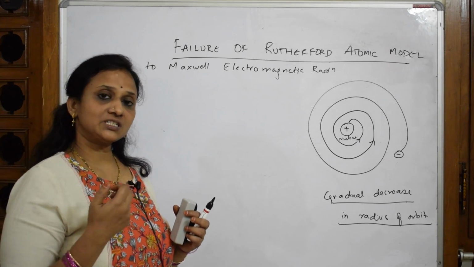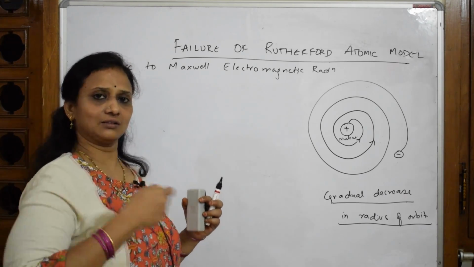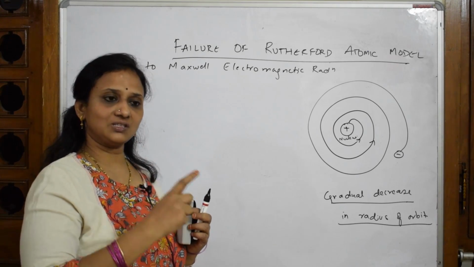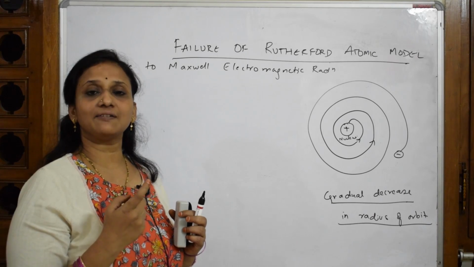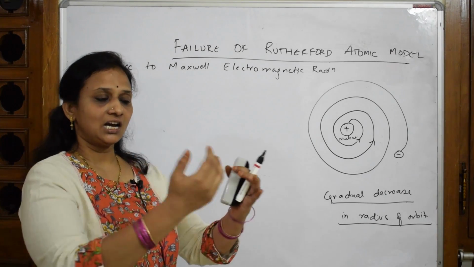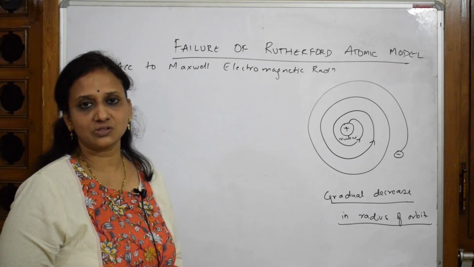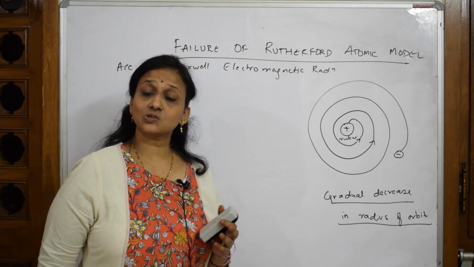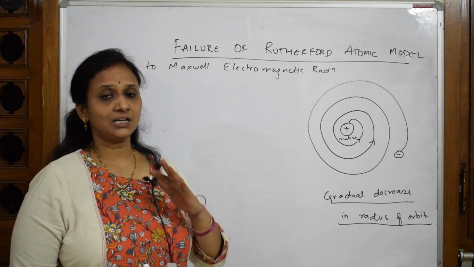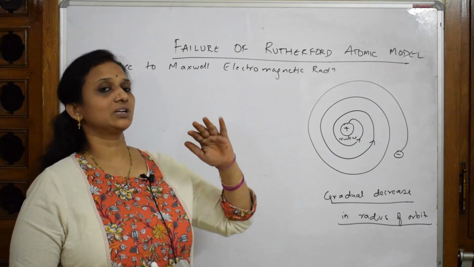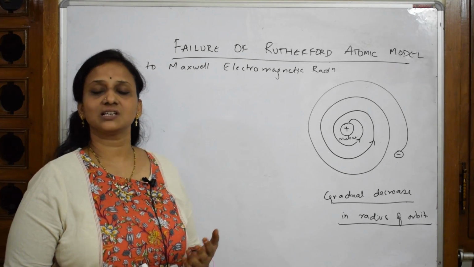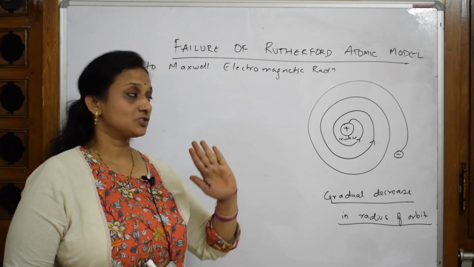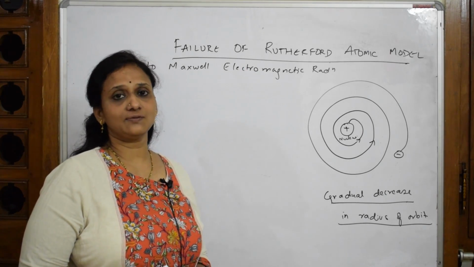After some time you leave it. What will happen? The stone keeps moving, and once it loses its energy, it falls down on the ground due to gravity. Same is the concept. Rutherford's atomic model is also called the planetary model, right? Why? Because he said electrons keep rotating around the nucleus, just like in the solar system where planets keep rotating around the sun, isn't it?